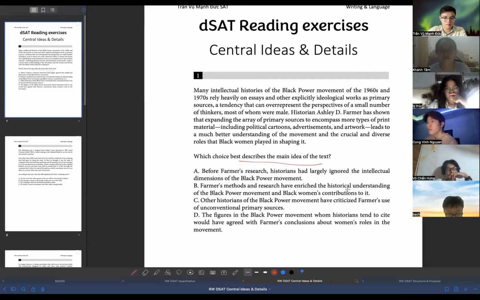Does it have anything that says this paragraph's main idea is this? No, it doesn't. So what should we look for?